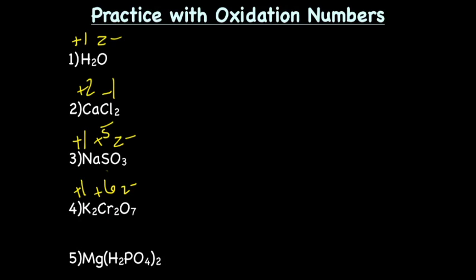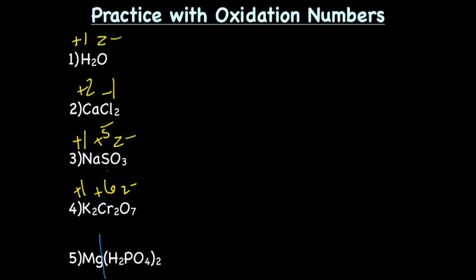Okay, for the last one, Mg(H2PO4)2, I'd again like you to hit pause and see how you do, and then hit play. But I want to remind you that since we have this parentheses 2, when we're figuring out the total number of positives and negatives, that 2 distributes. So Mg(H2PO4)2 is another ionic compound. It's magnesium dihydrogen phosphate.